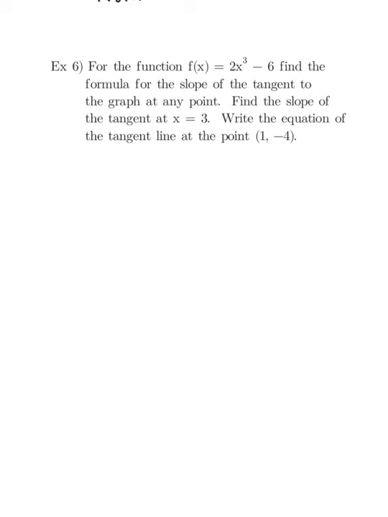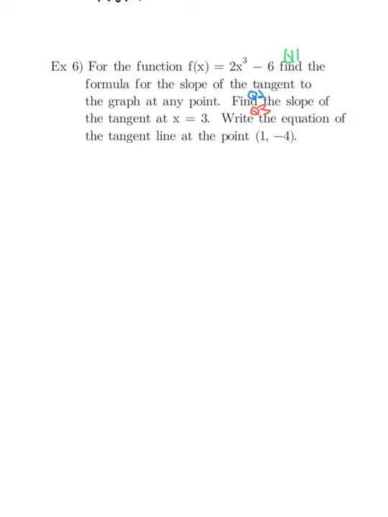The first question starts right here with find the formula for the slope of the tangent. Our second question starts here. Find the slope of the tangent at x equals 3. Our third question starts here with write the equation of the tangent.